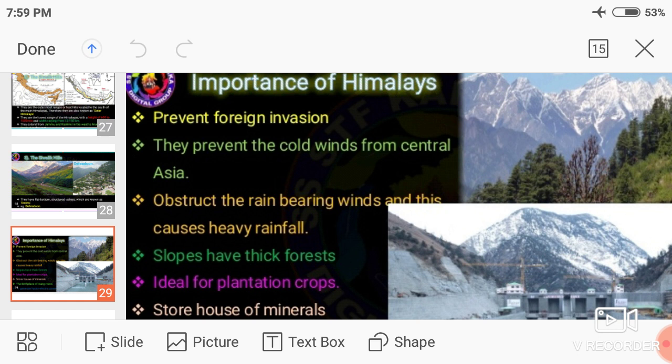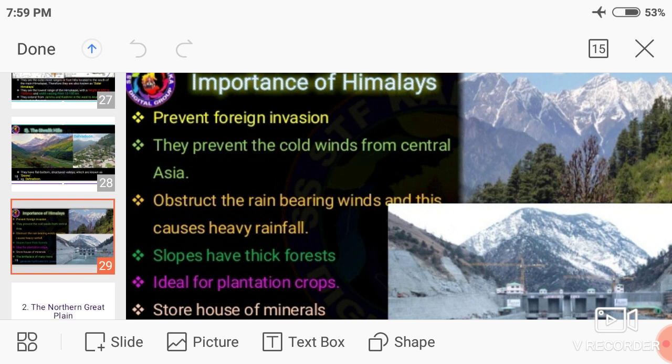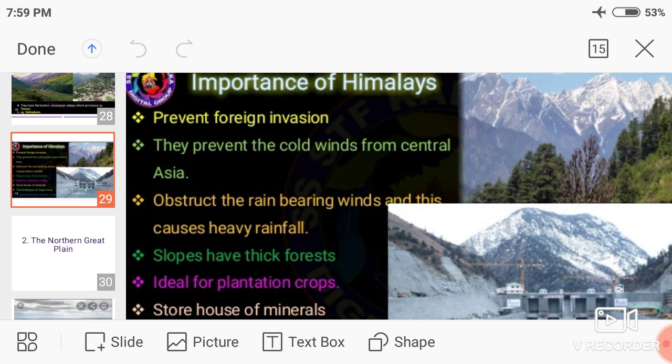Then they obstruct rain-bearing winds and cause heavy rainfall. Slopes have thick forest, ideal for plantation crops. And the last one is the store of minerals. These are the importance of the Northern Mountains.